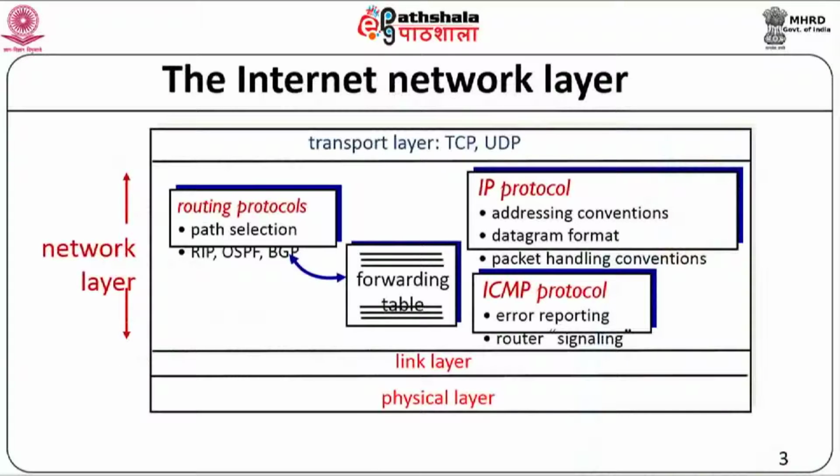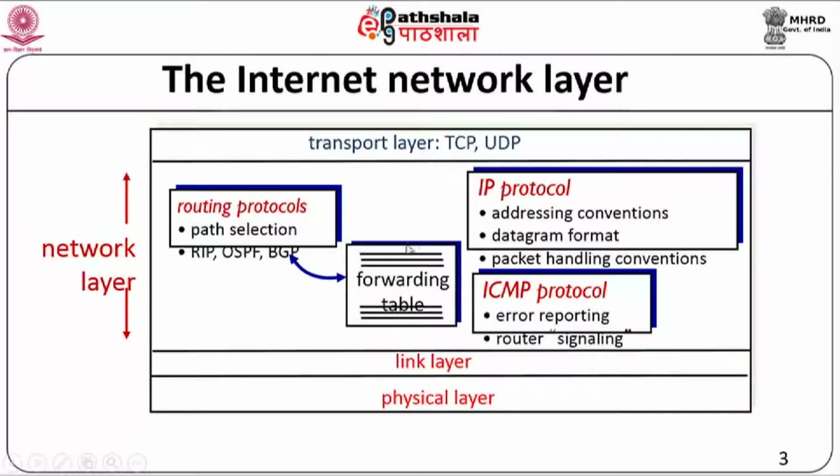If you look at the entire network layer stack, you can see that there are a number of protocols at the network layer. Predominant among them is the IP protocol, which is the forwarding protocol. In addition, there are other protocols used for routing, for path selection, examples of which are RIP, OSPF, BGP and so on.